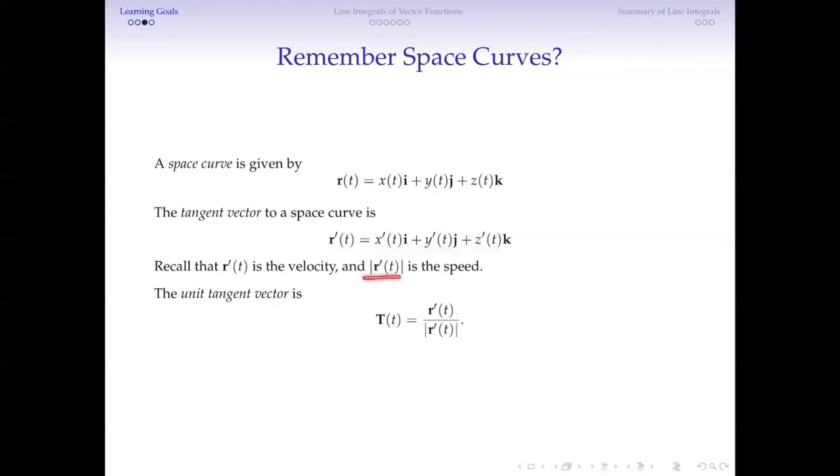The magnitude of the tangent vector is the speed. The tangent vector itself is a velocity vector. The unit tangent vector is what you get by dividing the tangent vector by its magnitude. So the unit tangent vector, denoted by a capital boldface T, is a vector of unit length, which is tangent to the space curve at that particular point.